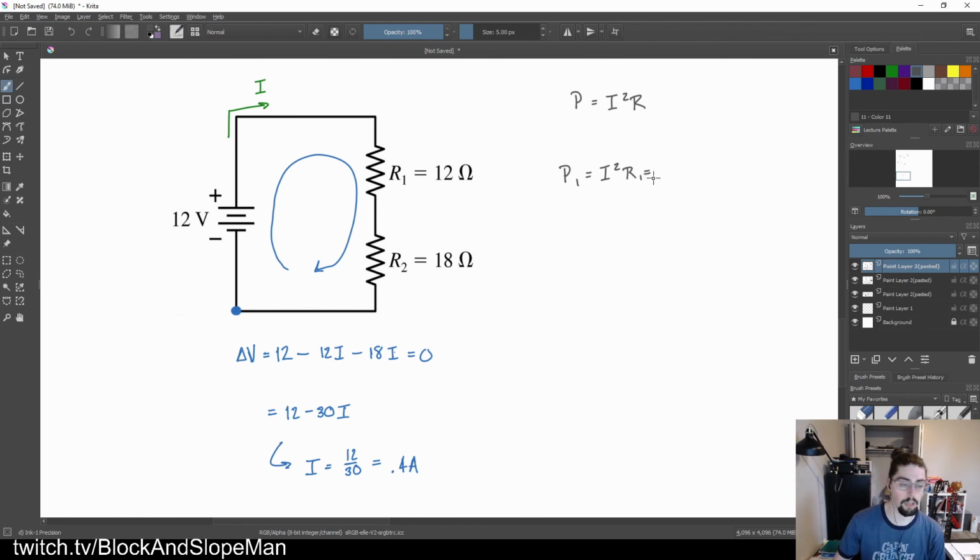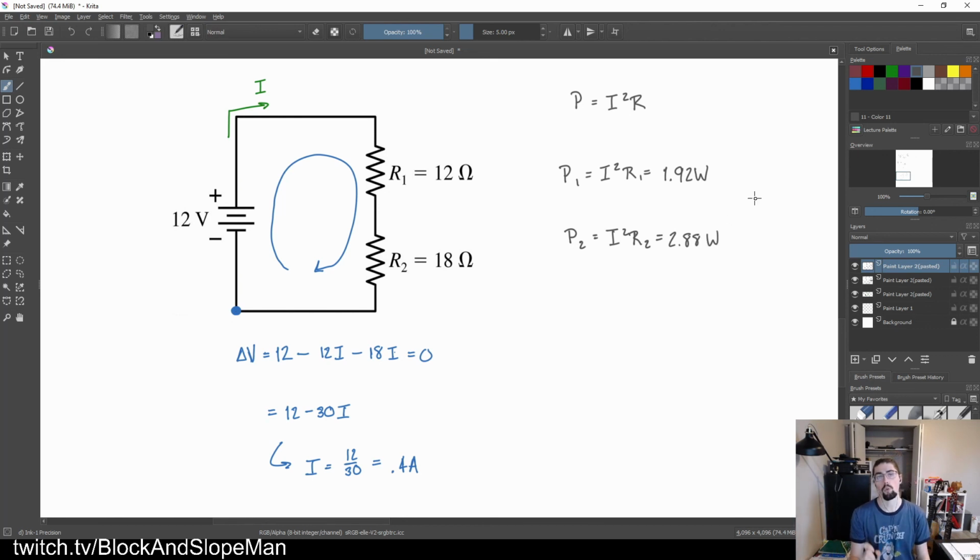And when we plug that in, we should find 1.92 watts. If we do the exact same thing for P2, I squared R2 is equal to 2.88 watts.